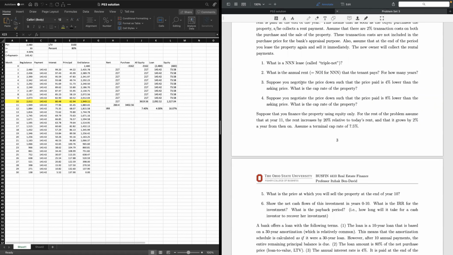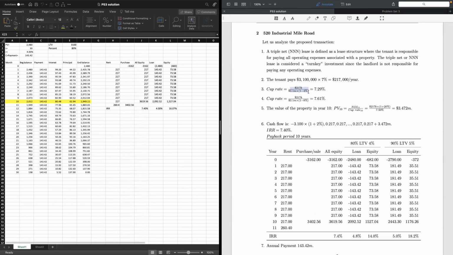And the next one asks you, suppose you negotiate the price down to a price that is 4% lower than the current one. What is the cap rate? Then the new cap rate will be still the same NOI that you just got, 217,000 divided by the new price. New price will be the old price times 1 minus 4%, which is here.